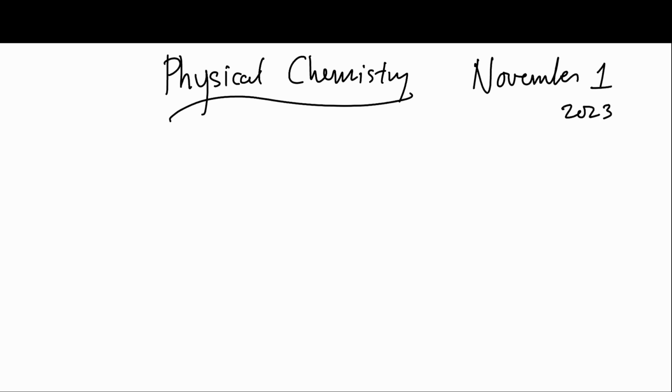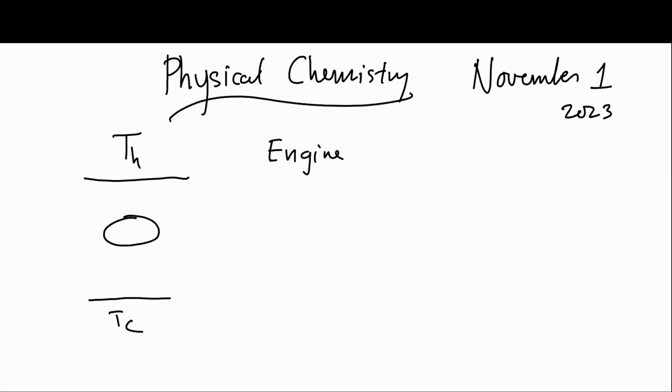So okay, let's pick up kind of where we left off. And remember, just to refresh our memory, because we've been thinking about other things. We had this engine, and it was the Carnot cycle.